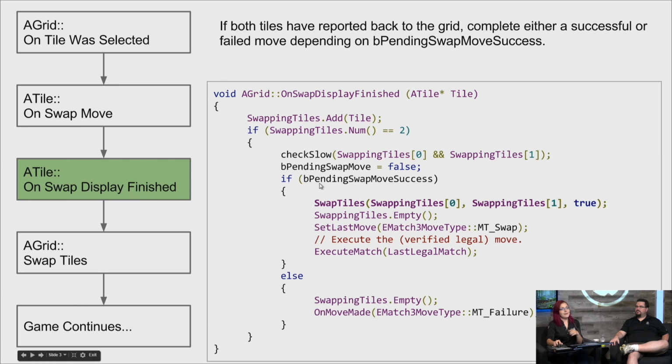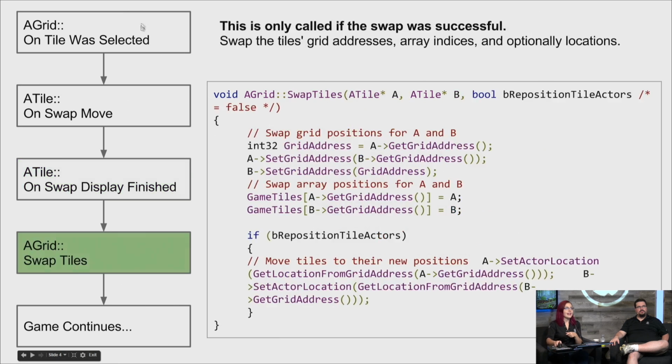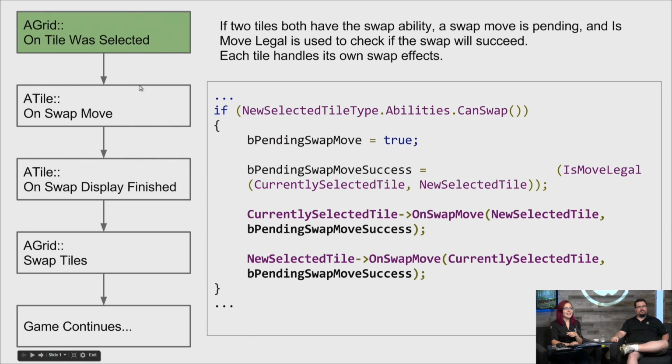And if the swap is supposed to succeed, then it will go ahead and swap the tiles, set the last move to a swap, and then go ahead and execute the match. And if the move was not supposed to be successful, then it will just clear out the array and set the move type to failure. So if you remember, this bPendingSwapMoveSuccess was actually set by the grid before, in this, if they can swap, then check if the move was legal or not.